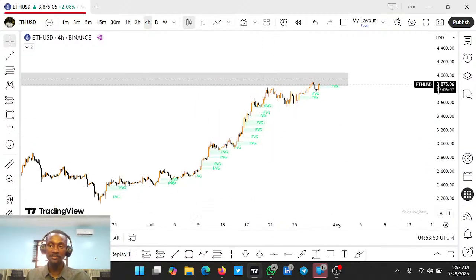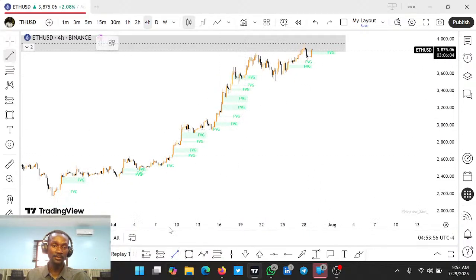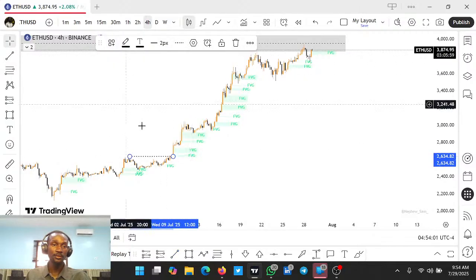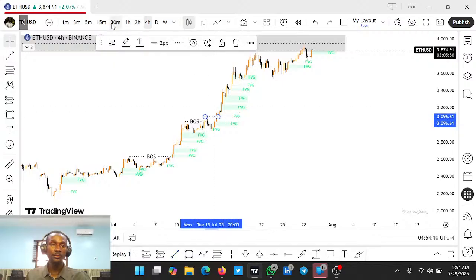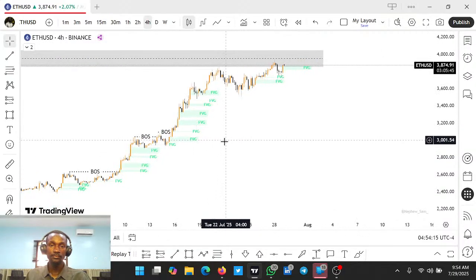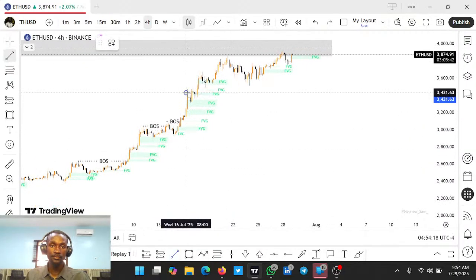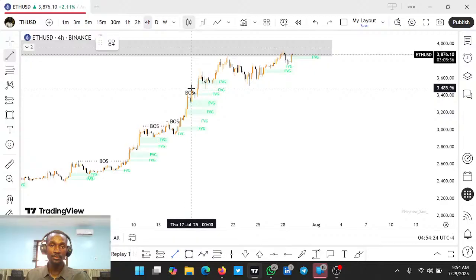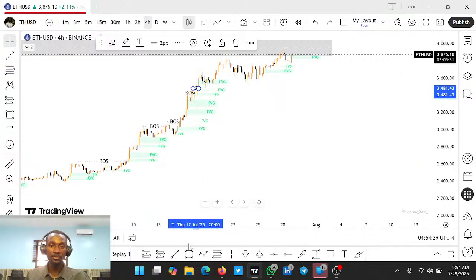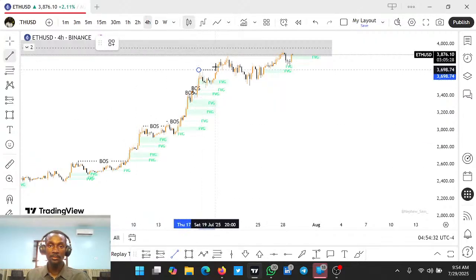Clearly, the market is bullish, right? Giving us breaks of structure to the upside. Break of structure, break of structure, break of structure, break of structure, break of structure, and then break of structure.